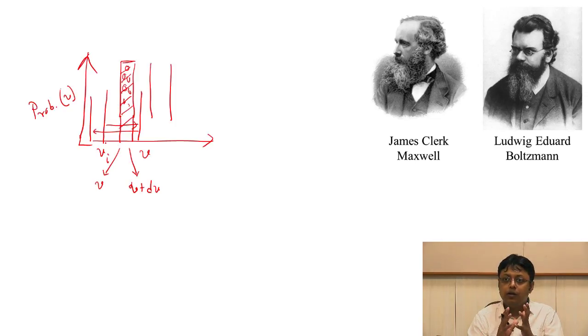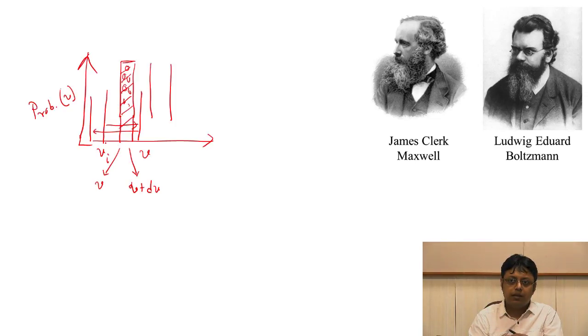You can do it in a very rigorous way by calculating the energy levels, Boltzmann's approach, and then calculating the statistical probability of finding a molecule in some energy state, and then solving the equation under constraints using Lagrange's method. All these things we are skipping. Then you get an energy distribution, which you can convert into a velocity distribution. That is one of the standard ways of doing it. But right now we are first doing the velocity or speed distribution, and then we will derive the energy distribution. It is the other way around.